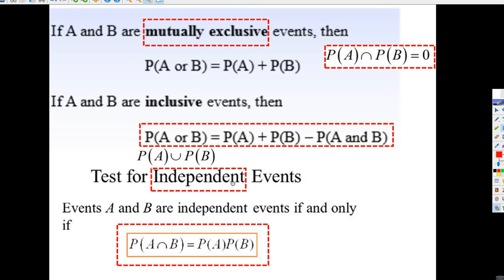If you know those three things: independent, you multiply the probabilities; mutually exclusive, the intersection is 0; or for all events, you add the probability of A and the probability of B and subtract the intersection. If you know those three formulas, it's going to get a lot easier.